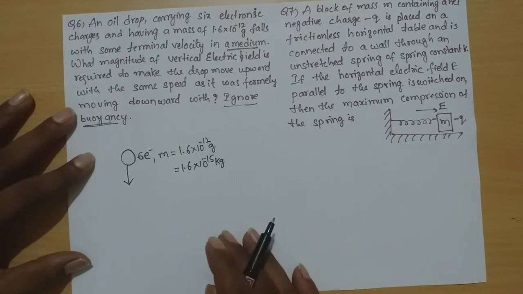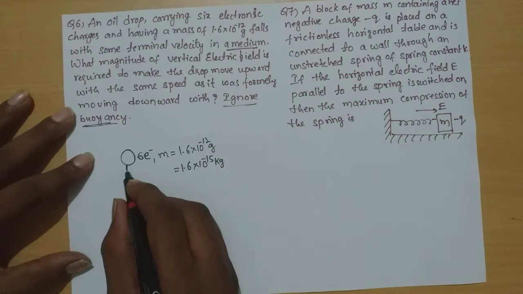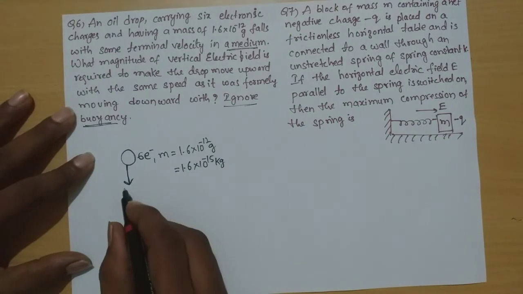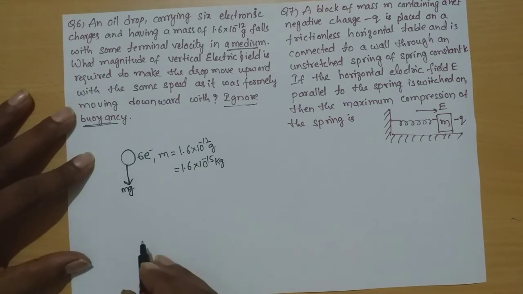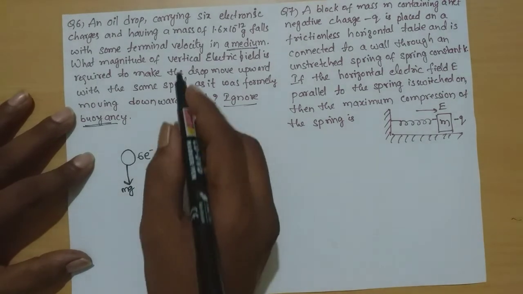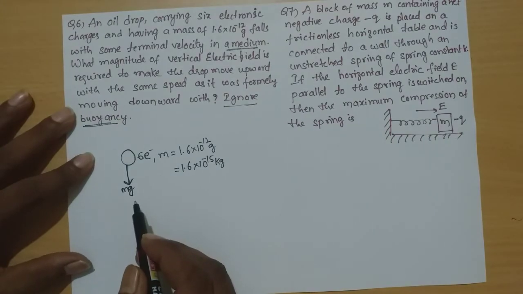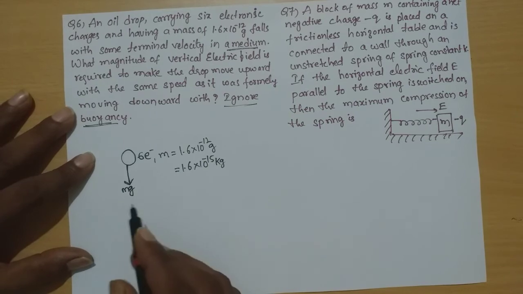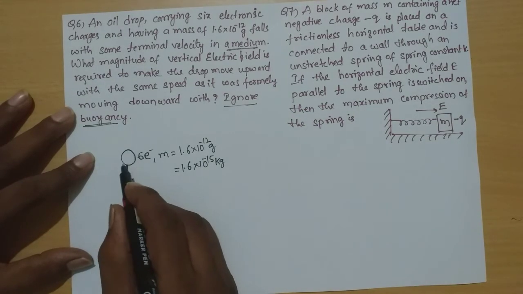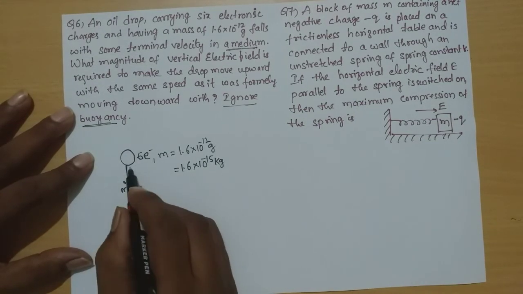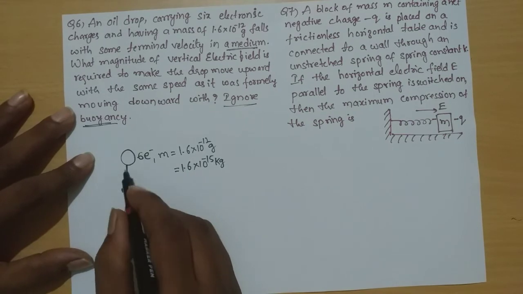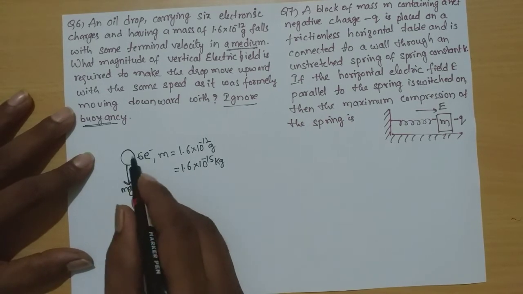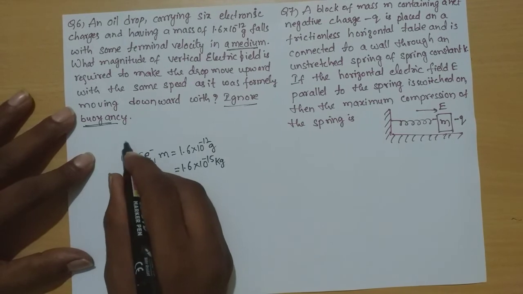So now here we have the formula. If it is falling down, the weight of the drop is acting downward, mg. Whenever it is moving in the medium, some drag is acting on it. The drag is always opposite to the motion of the drop, so the drag is in the upward direction.